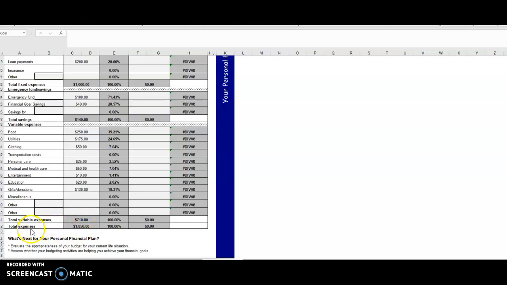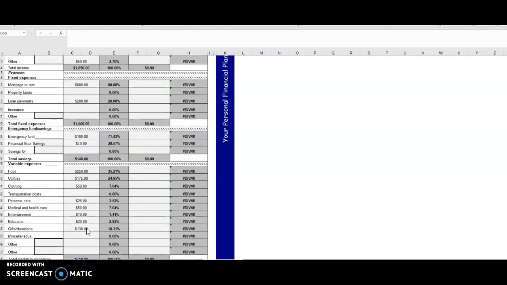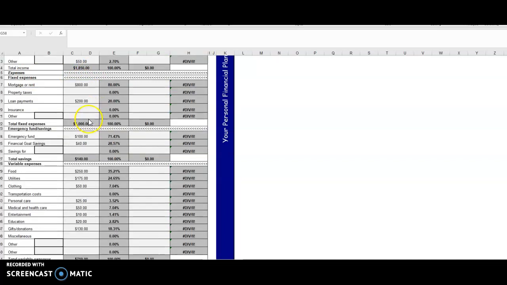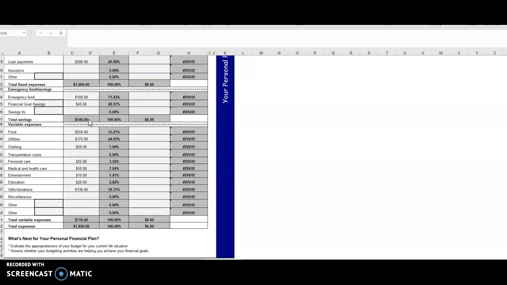So our total expenses on our budget is going to be $1,850. So if you look back up at your total income, we have accounted for our total income. This is our plan. We plan to make 1850. We plan to spend 1850.